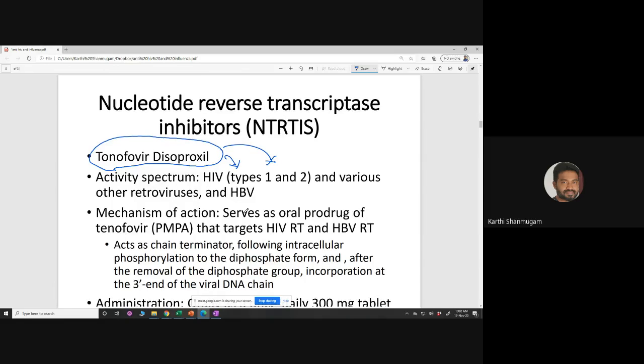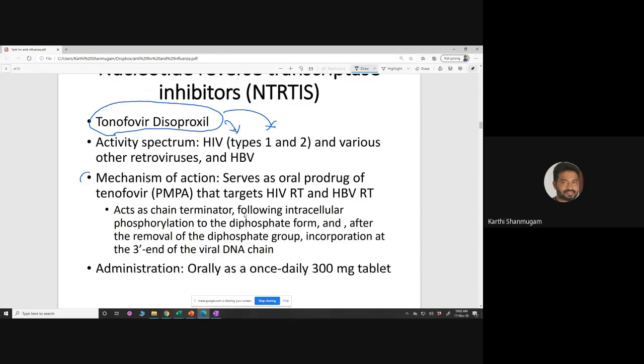Coming to the mechanism of action, it is an oral prodrug, like all the drug molecules I discussed so far. It targets the HIV reverse transcriptase or the HBV reverse transcriptase, another enzyme from another virus. The mechanism is the same: it acts as a chain terminator.